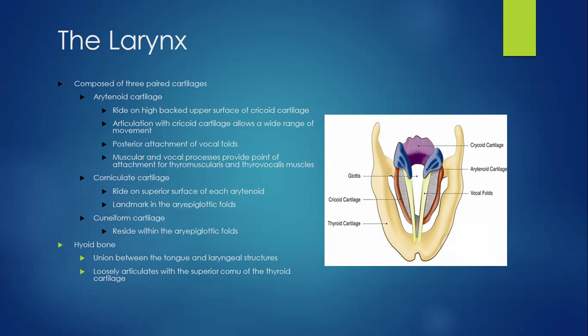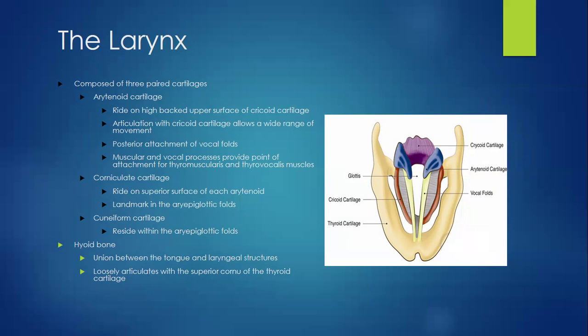And also in its back, it houses the arytenoids. And then there is the epiglottis, and this is the leaf-like cartilage that covers your airway when you swallow. All right, so those are the unpaired ones. The paired ones are the arytenoids, the corniculates, and the cuneiform.